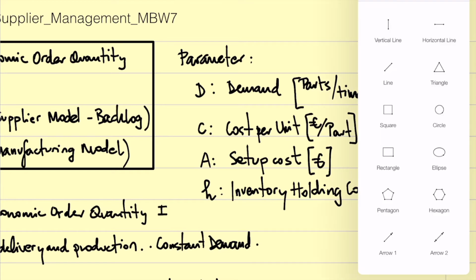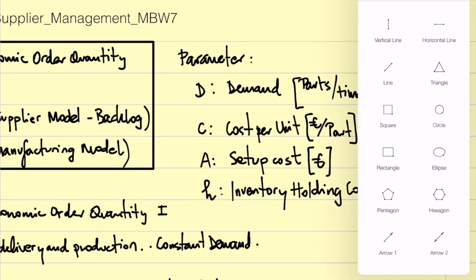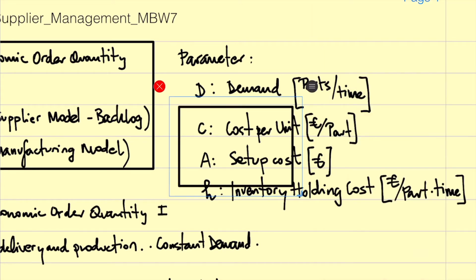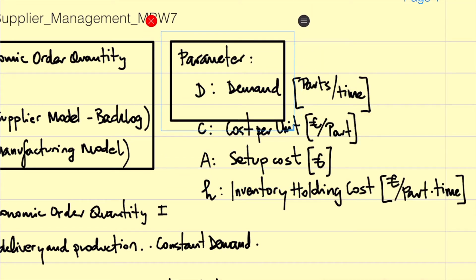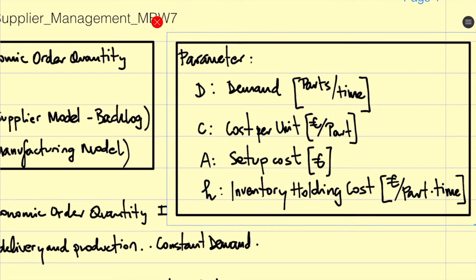And as I said before, Q is our order quantity. These are the parameters that we use in this model.